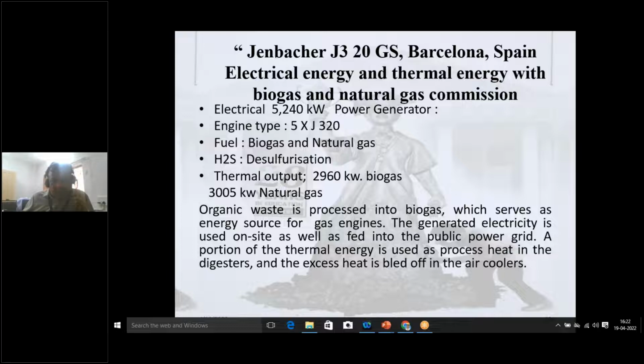Organic waste is processed into biogas, which serves as an energy source for gas engines. The generated electricity is used on site as well as fed into the public power grid. A portion of the thermal energy is used as process heat in the digesters, and the excess heat is bled off in the air coolers.